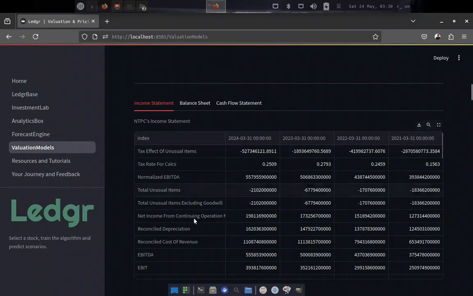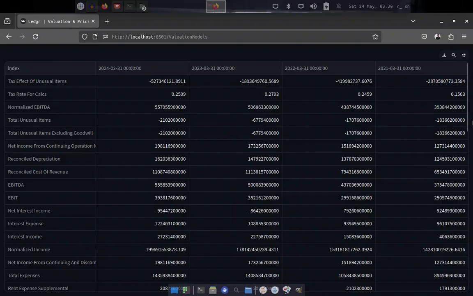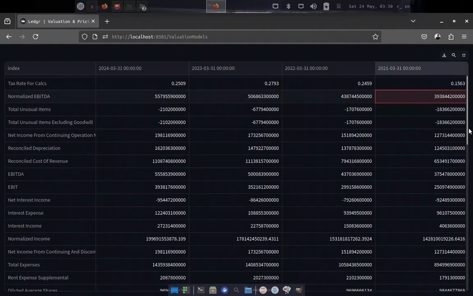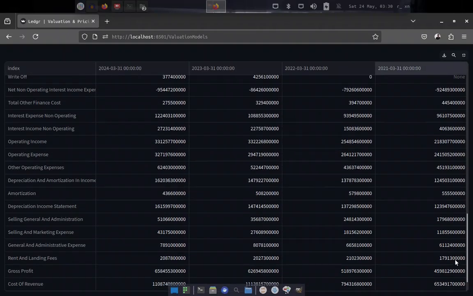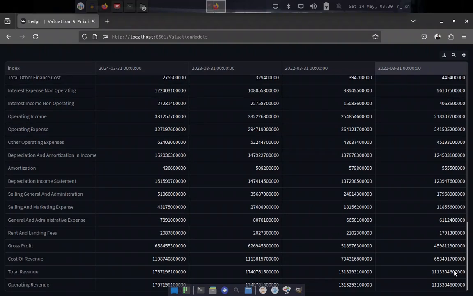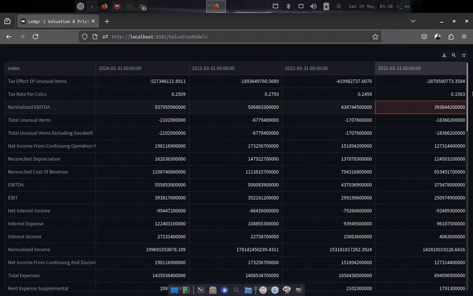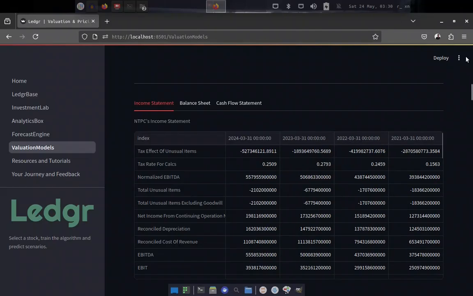You can make this full screen and see the whole values. Different companies have different ways of adding up their liabilities and adding up their fees. So in certain cases, we are definitely working on customizing it for different classes of companies.